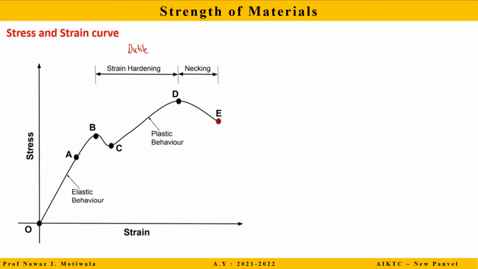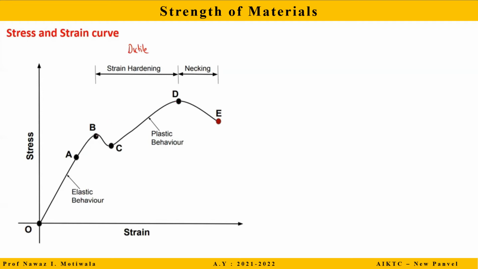Now, as the load goes on increasing, stress is increasing, but it is not proportional to the strain. Then this region from B to D is known as the strain hardening region.